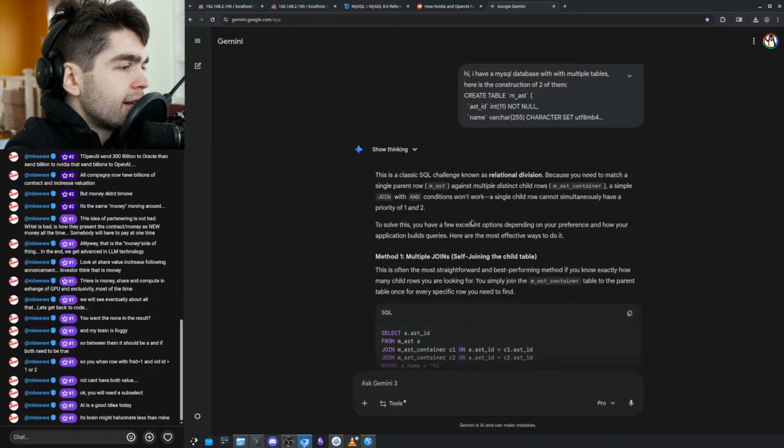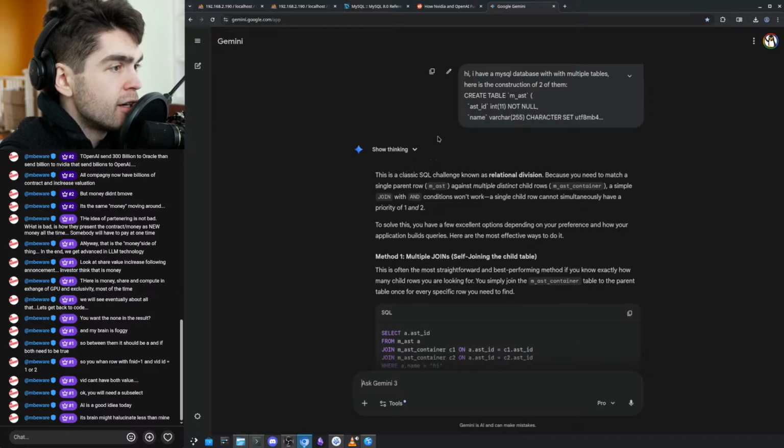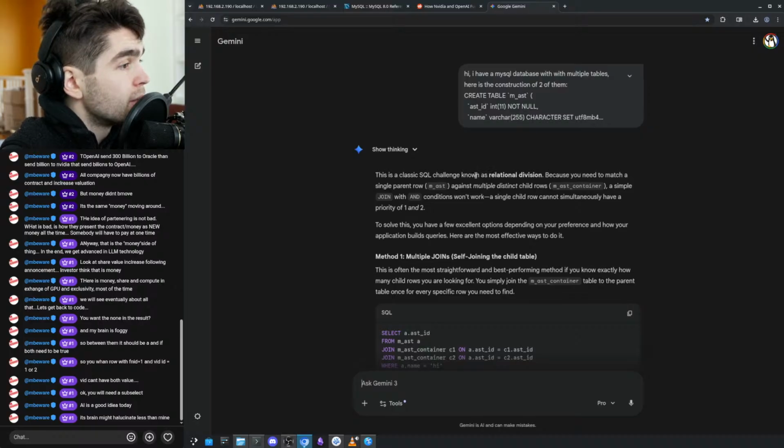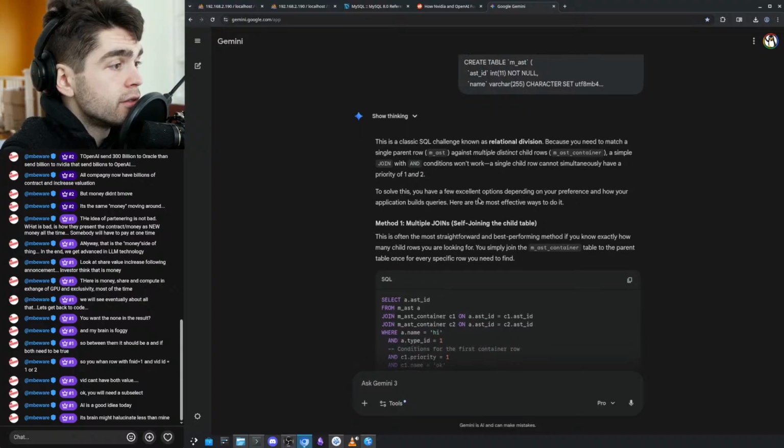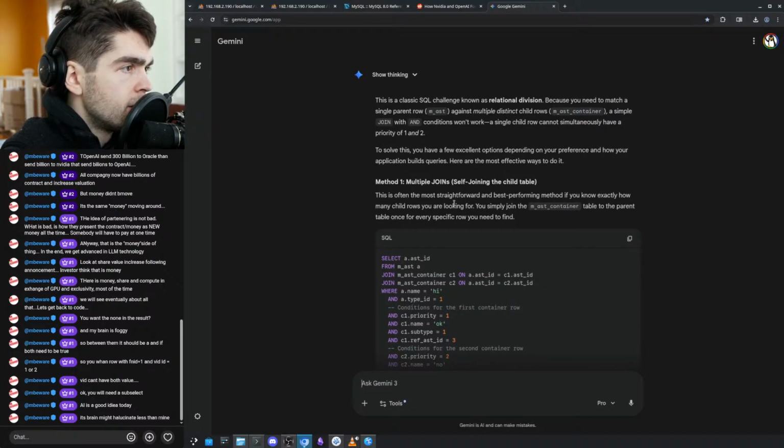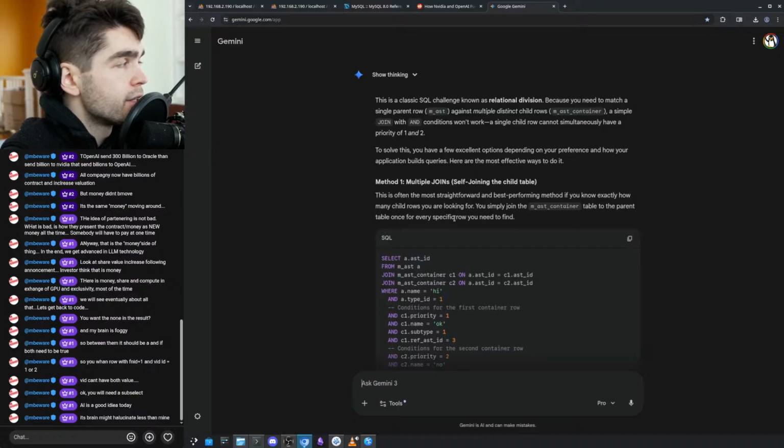Okay. This is a classic SQL challenge known as relational division because you need to match a single parent row MAST against multiple distinct child rows MAST containers. A simple join and condition won't work. A single row cannot simultaneously have priority 1 and 2. To solve this, you have a few excellent options depending on your preference and how your application builds queries.